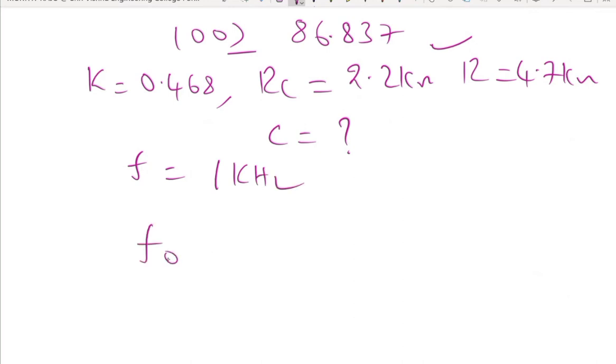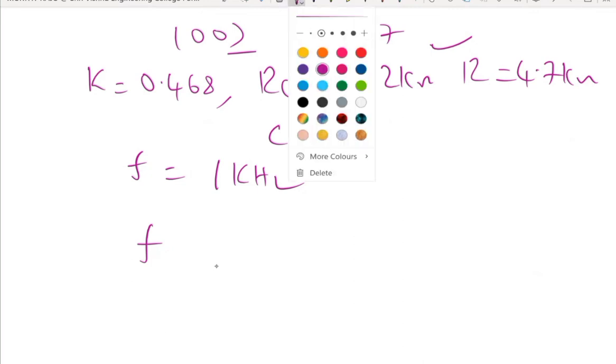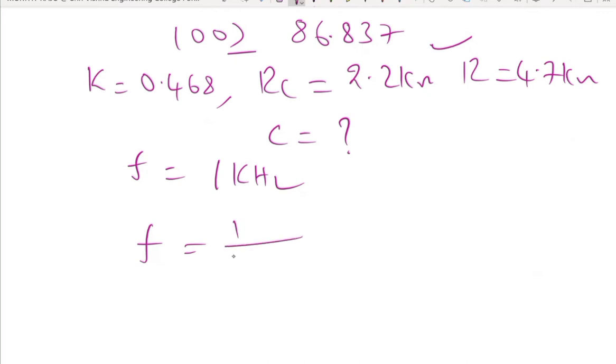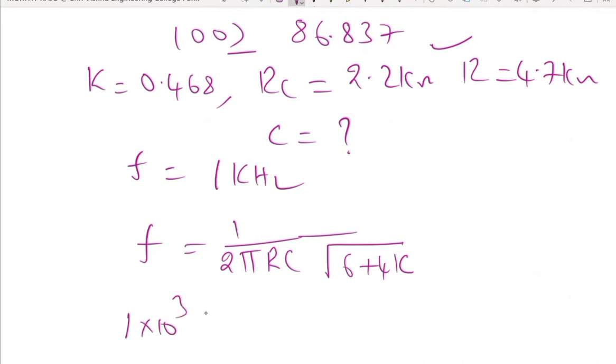We know the formula. F is equal to 1 by 2 pi RC square root of 6 plus 4K. F is 1 kHz, 1 into 10 power 3, equals 1 by 2 into 22 by 7.